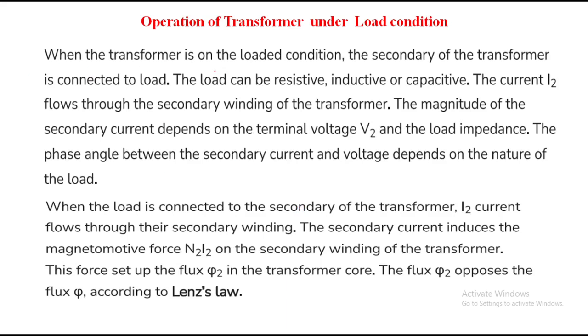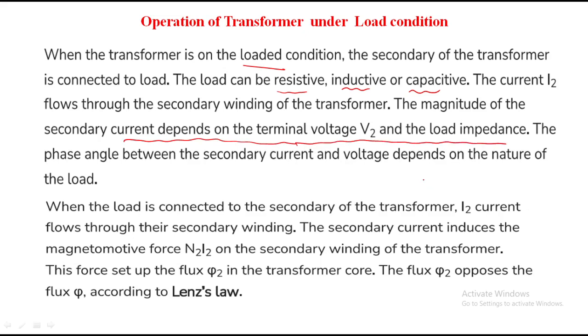So when the transformer is on loaded condition, what will happen? The secondary of the transformer is connected to the load. The load can be a resistive load, inductive load, or capacitive load, right? So the current I2 flows through the secondary winding of the transformer. The magnitude of the secondary current depends upon the terminal voltage and the load impedance.